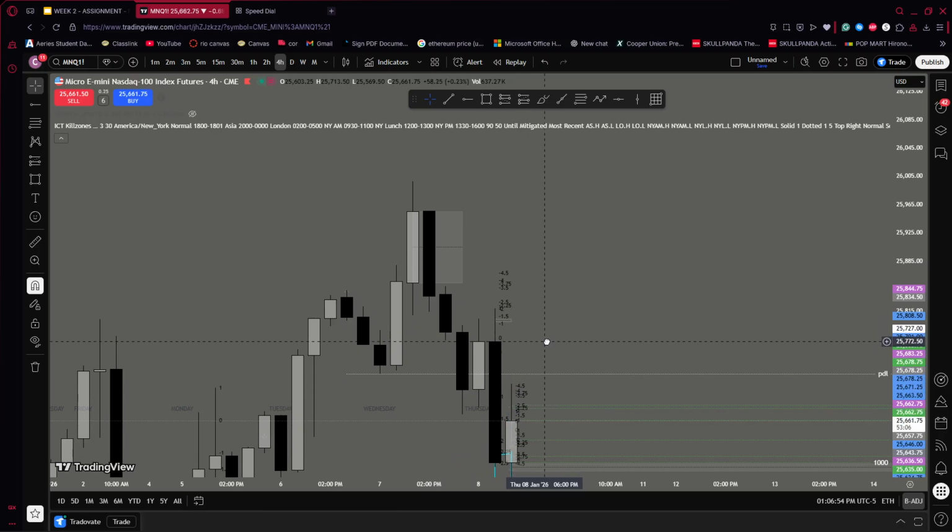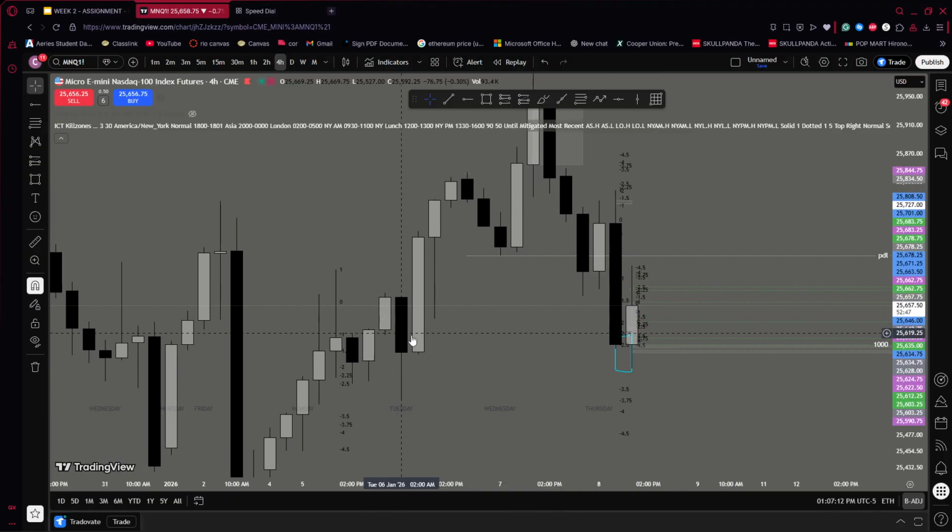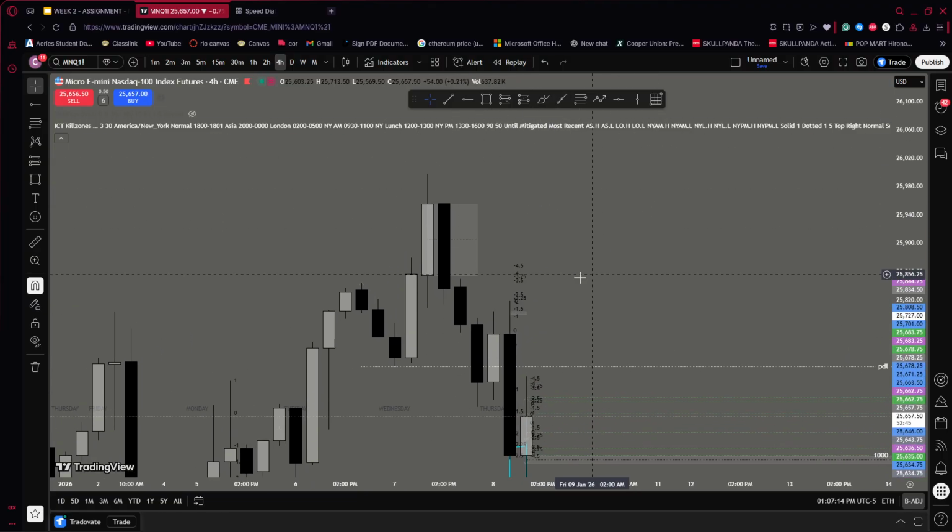If you want an entry, then the CISD would be your entry. But just seeing a CISD itself like this, like we never tap back into it, right? Just seeing it get formed would be a signal for bearish, and just seeing this would be a sign for bullish.